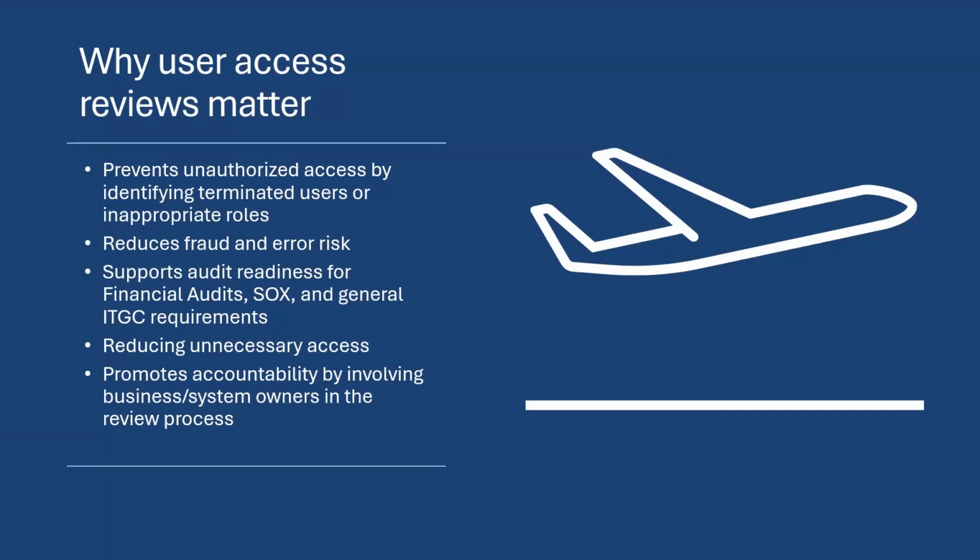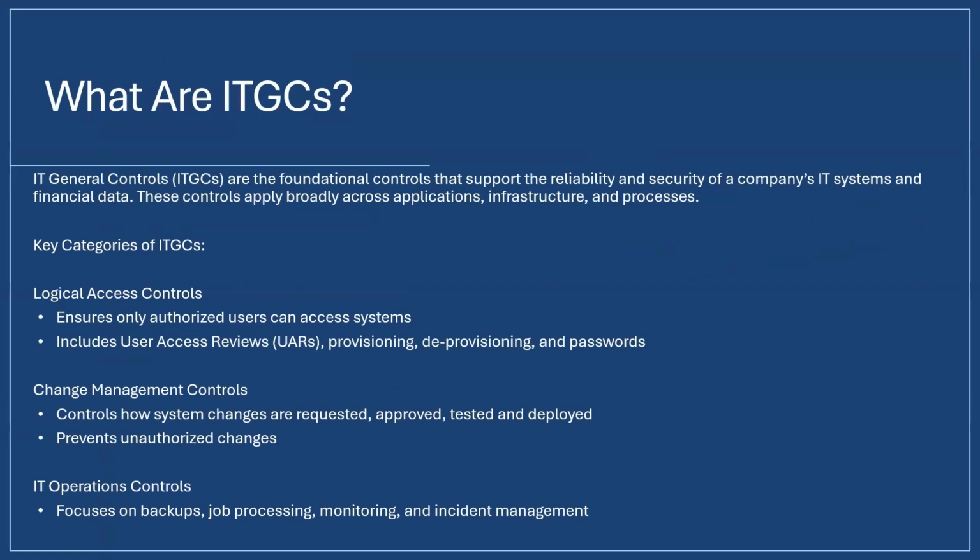Yeah. Real quickly, what are ITGCs? Just kind of a brief refresher here, right? There's three main components to ITGCs: logical access controls, change management controls, and IT operation controls.